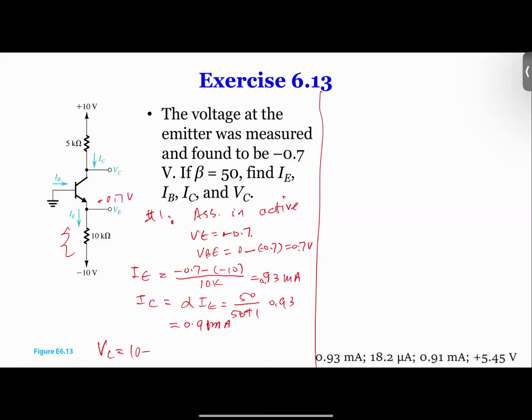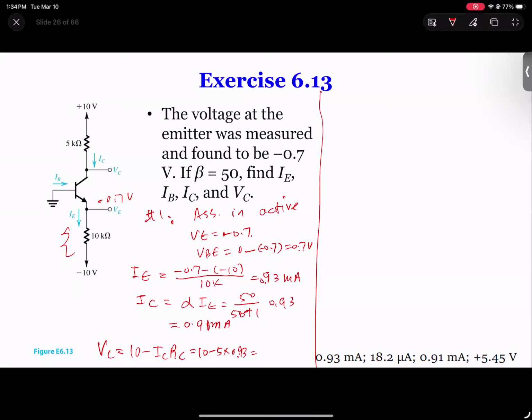VC is going to be 10 minus the voltage drop on the 5K resistance, 5K times 0.91. How much do you get? 5.45, right?